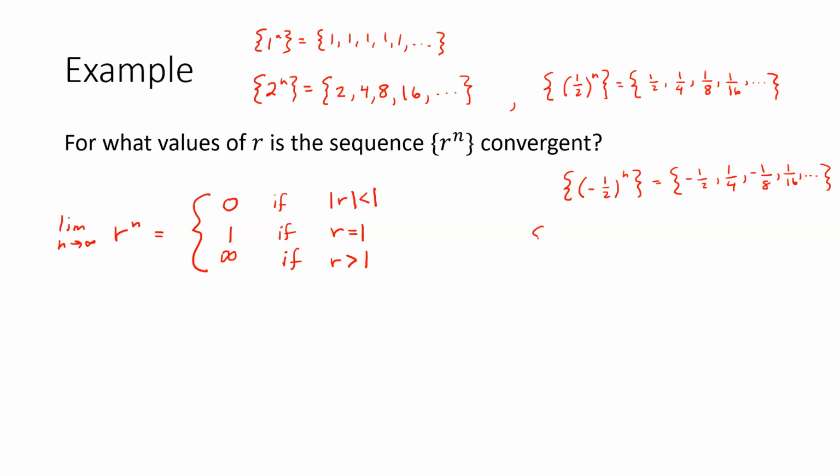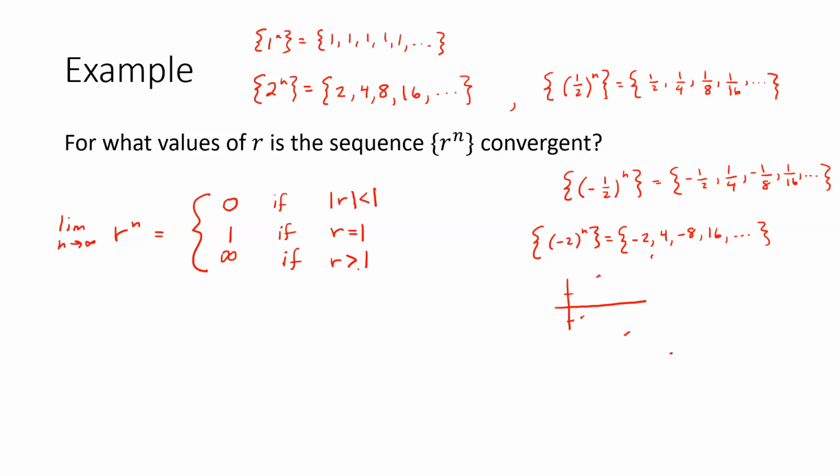And similarly, what about if I have negative 2 to the n? As n goes to infinity, the terms here are getting bigger in absolute value, but again, they're alternating in sign, right? But they're still getting bigger in absolute value, so even though some are negative and some are positive, they're getting farther apart as the sequence progresses.